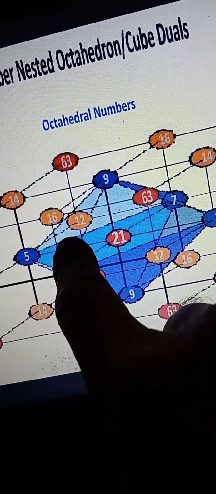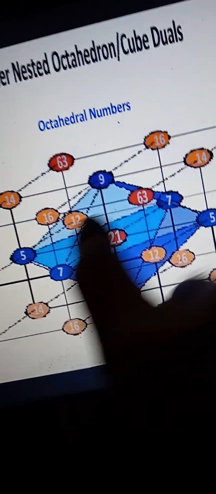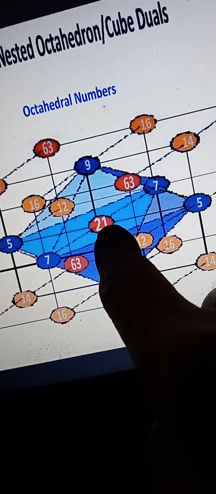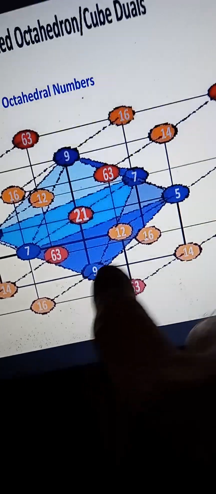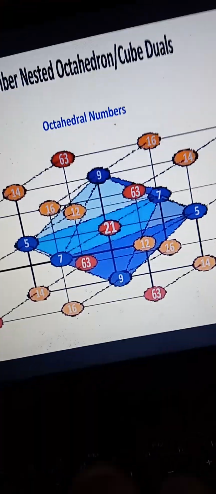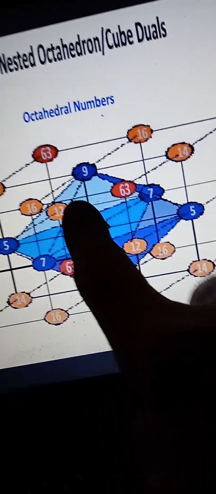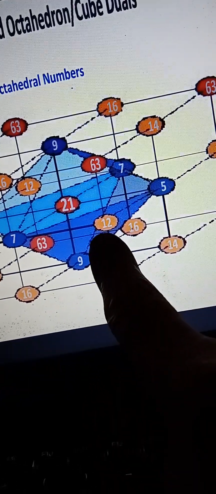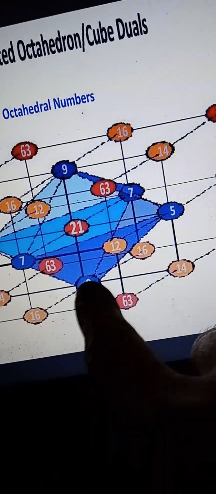And for this plane, or triangular plane, you're using 9, 5, and 7 to equal 21, plus 21 in the middle, central ghost number, and 7, 9, and 5 on this side to equal the 63 up here going through this octahedron to the 63 down here.